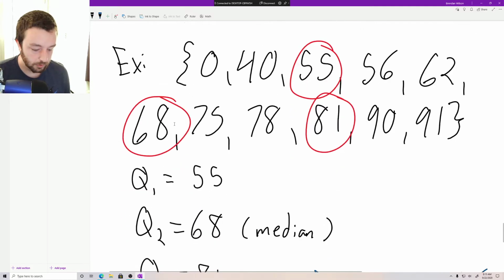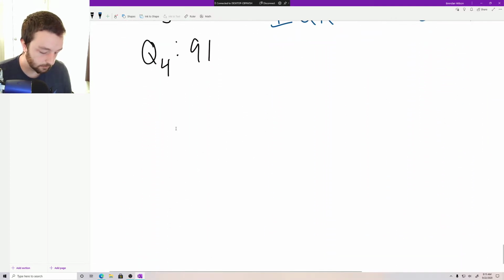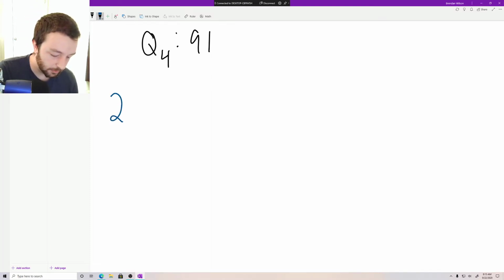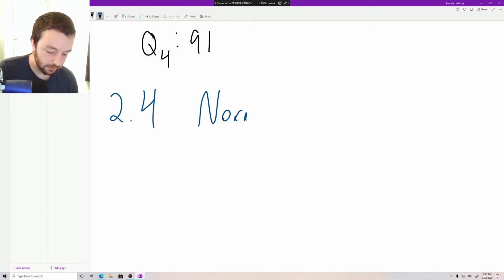So let's go down to 2.4 now. 2.4 is short, but it goes through something that is very important. And that's what's called the normal distribution.